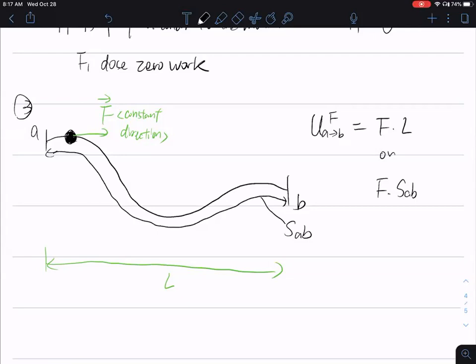It should be L. Why is L? Because since it's going in a constant direction, it's only ever going to be on the L plane, not the SAB, because SAB goes downward at some points.